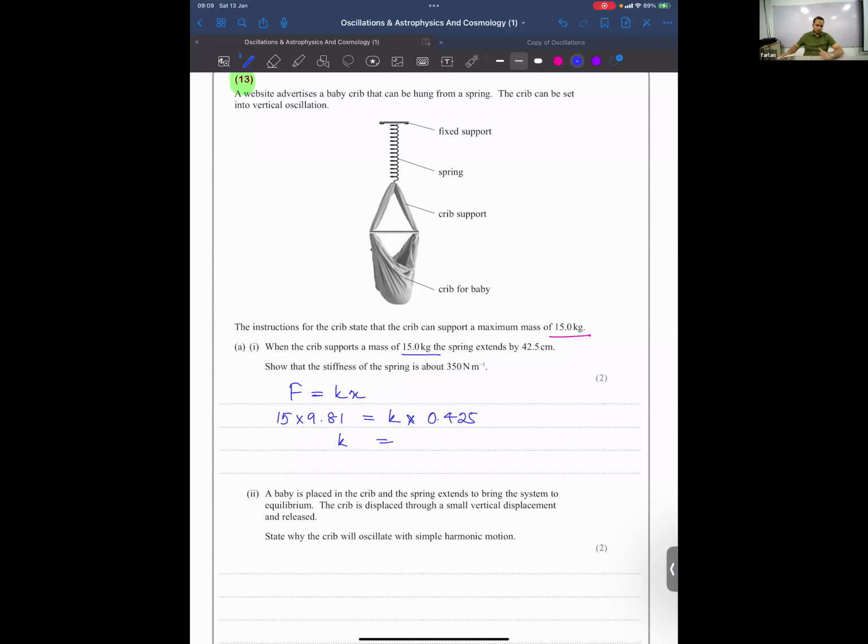So k will be 15 into 9.81 divided by 0.425, that is 346.2 newtons per meter, which is about 350 newtons per meter. That is the spring constant, or the stiffness of the spring.